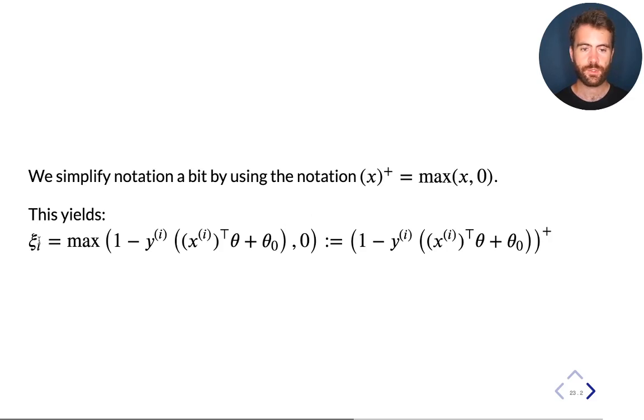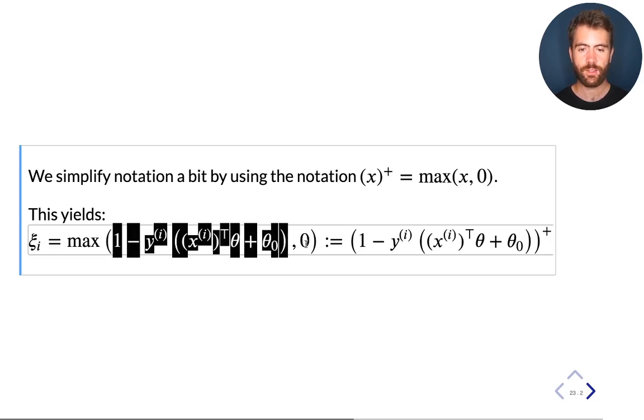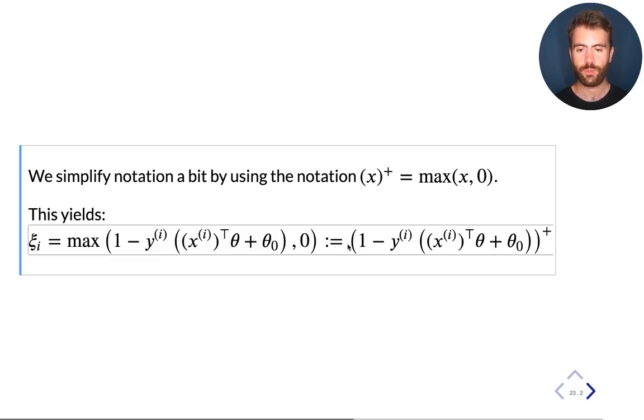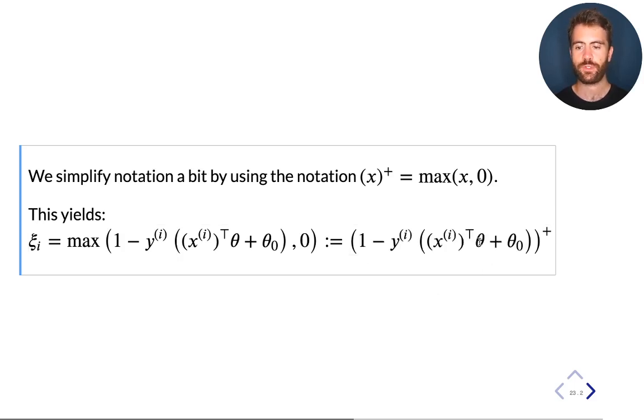So in other words, we have this identity where xi equals the maximum of this term and 0, and therefore I'm just going to write this as this term with a plus. So this is just a notational convenience.